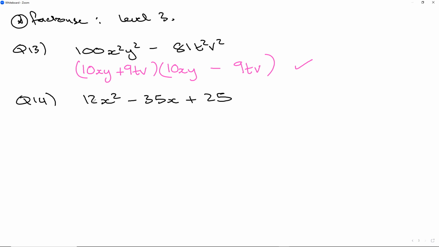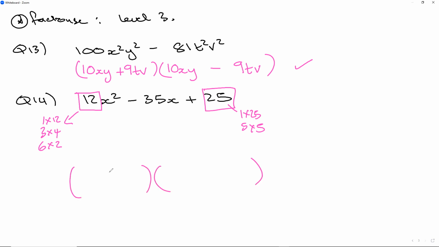The next question, what we have here is two factors that we need to find when we're factorizing this. We need to find factors of 12, like 3 times 4, or 6 times 2, or 1 times 12, and 25, which we know would be 1 times 25, and 5 times 5. And when we put this inside a bracket, we got to select very carefully.